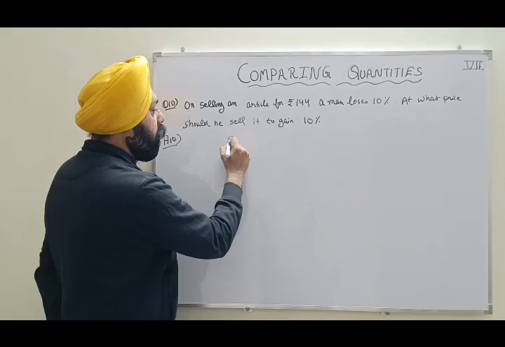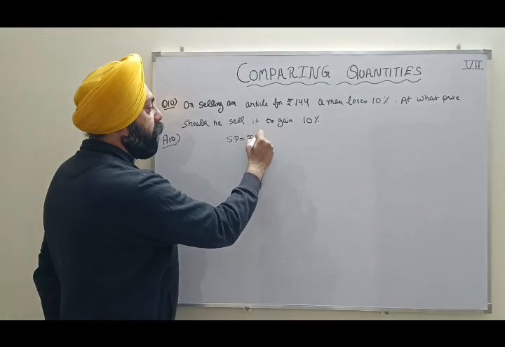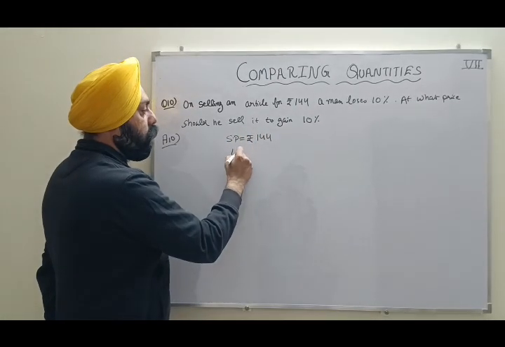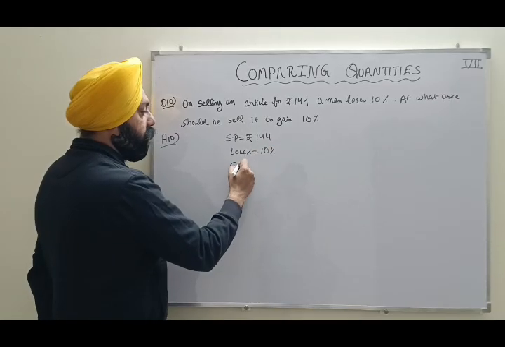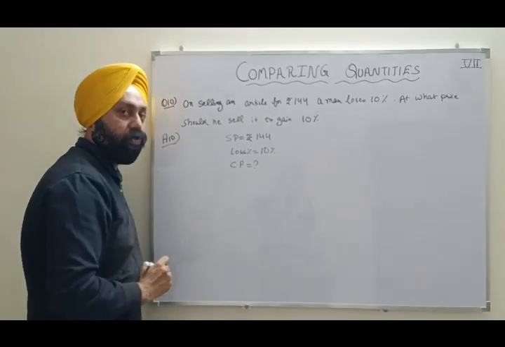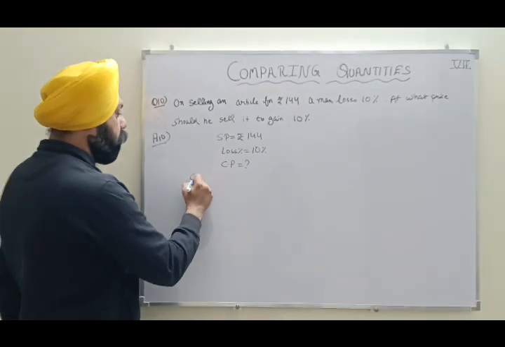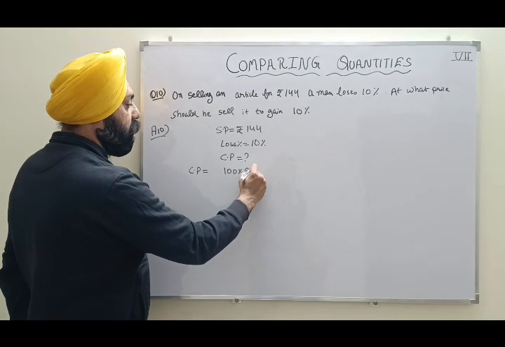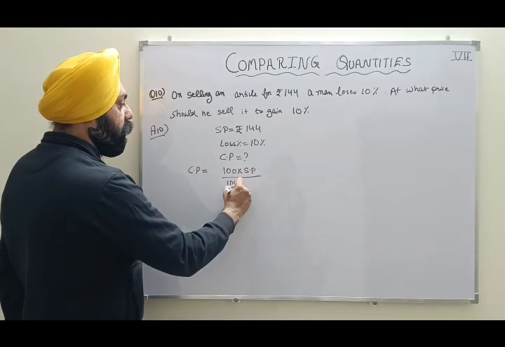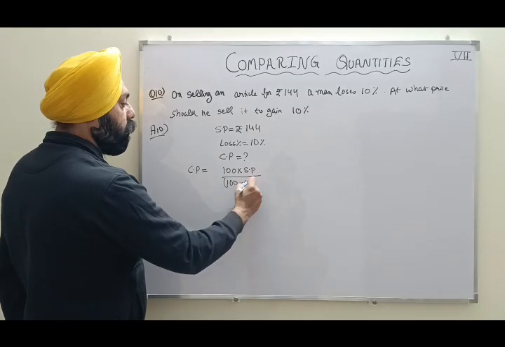So the SP of the article is rupees 144 and the loss percent is 10%. So first we will find the cost price. So we know that the cost price formula is 100 into SP upon (100 minus loss percent).